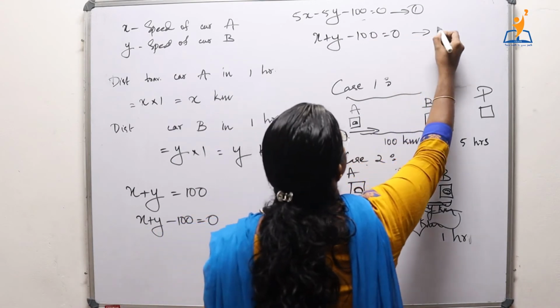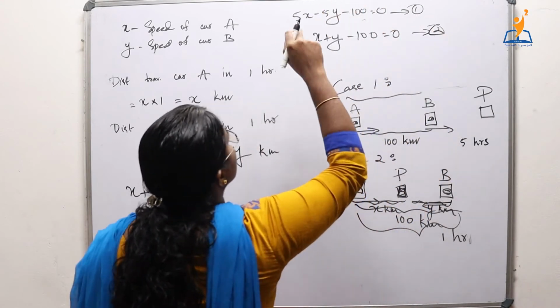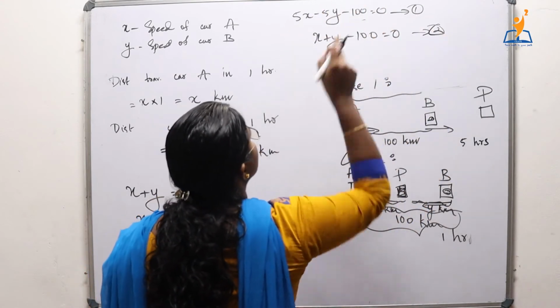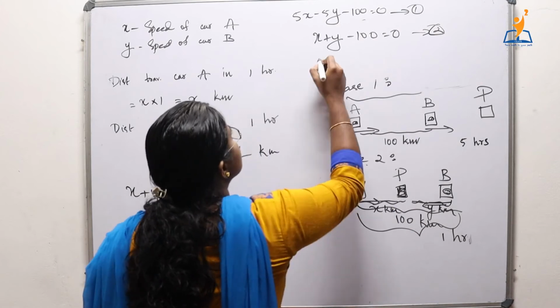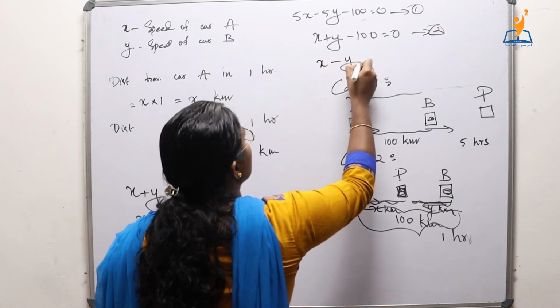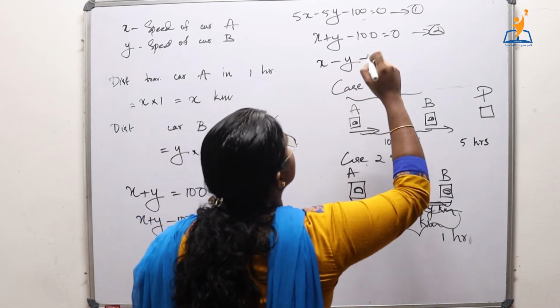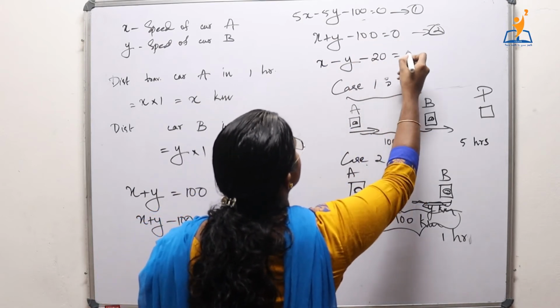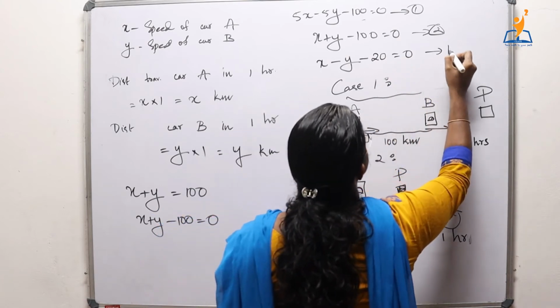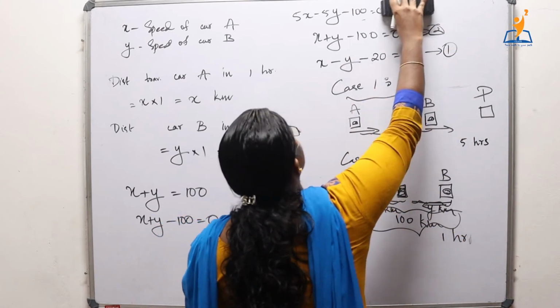This is our equation number 2, and equation number 1 can be simplified by dividing throughout by 5, that is x minus y minus 100 divided by 5, which is 20, equals 0. So this is the simplest form of equation number 1.